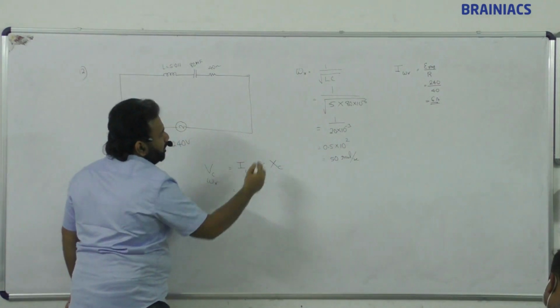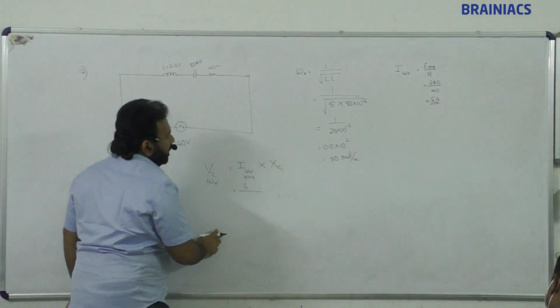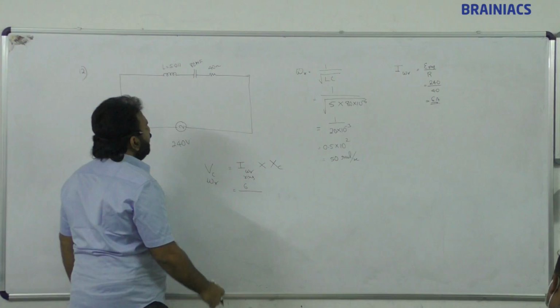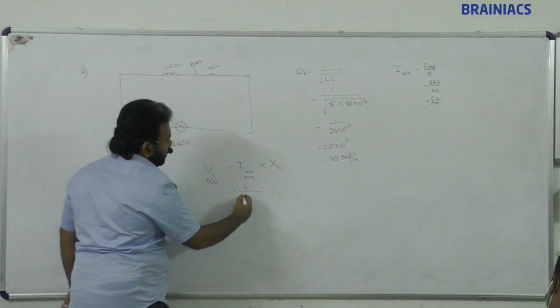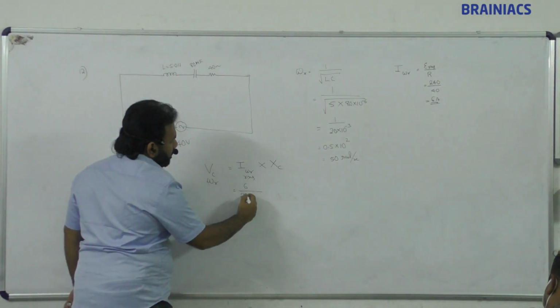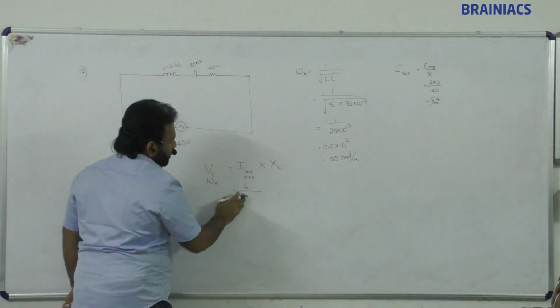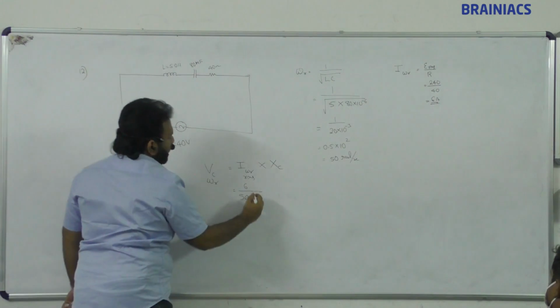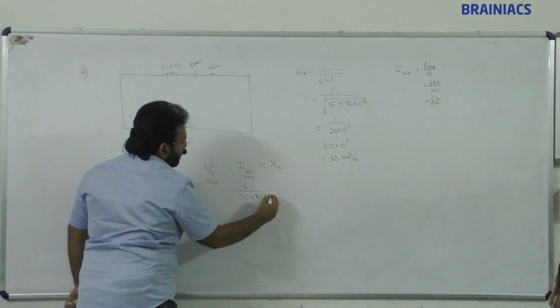How much do we get? XC is nothing but 1 by omega C. So how much is omega? At resonant frequency it is 50, into 80 into 10 raised to minus 6.